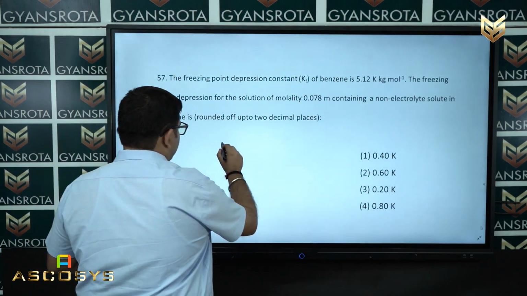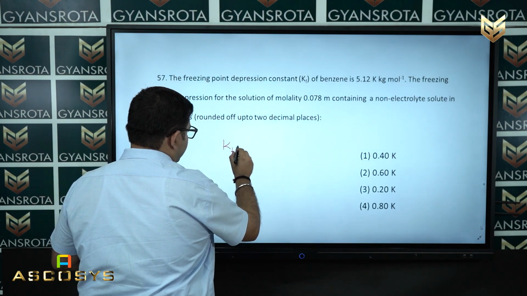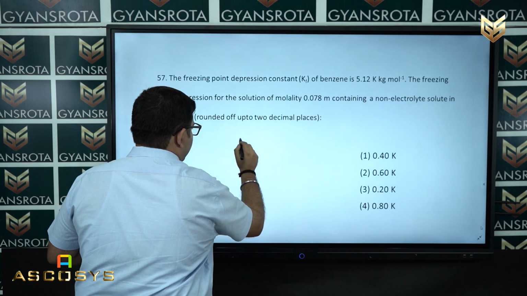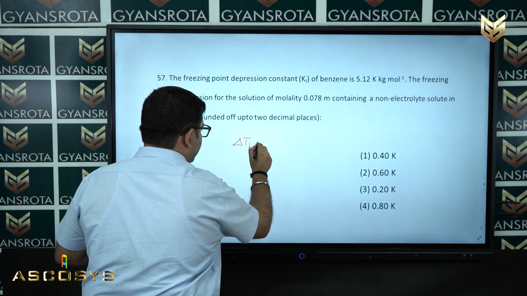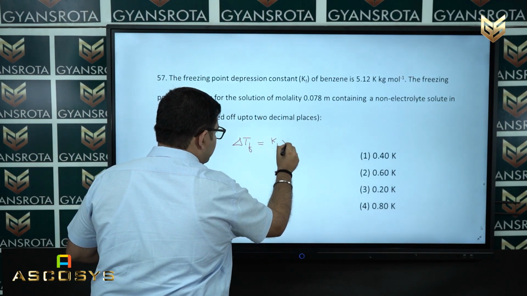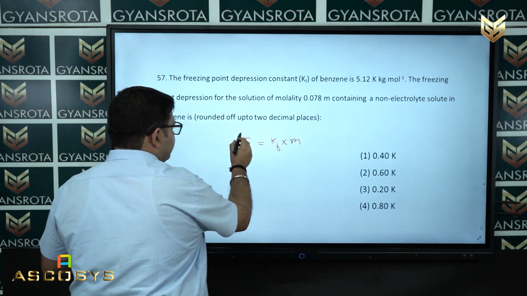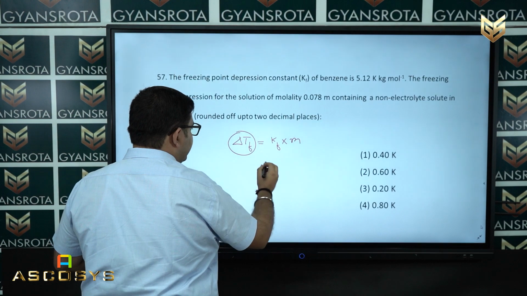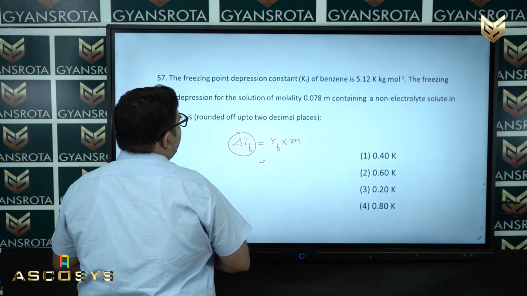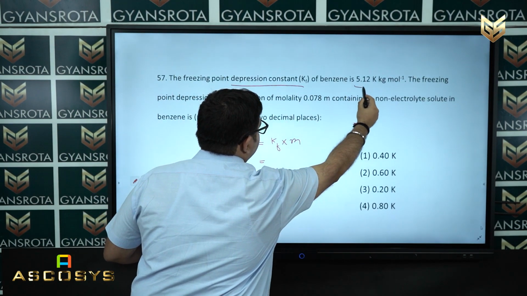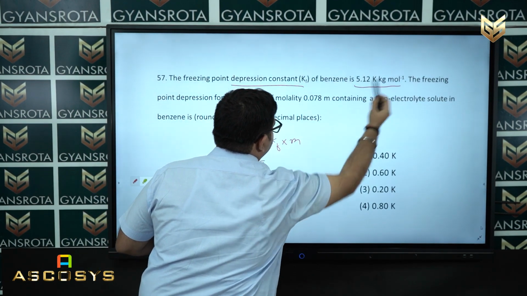Now, the formula we are going to use here is delta Tf equal to Kf into m. m is nothing but your molality. Now, they asked to find out the delta Tf. The value of Kf given, that is the depression constant, is 5.12 Kelvin kg per mole.